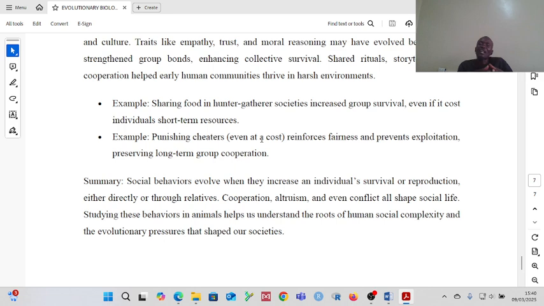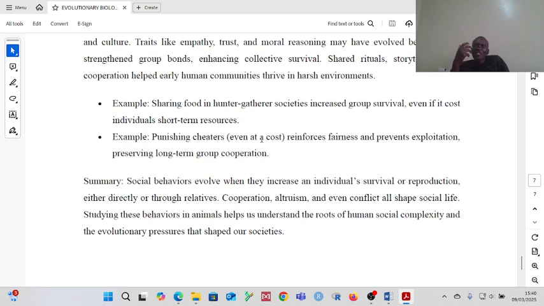When you fight and they don't fight back, then you get the food without fighting. But now they suffer the loss because they will not get the benefit that comes from that particular food. So looking at those three, they help us to determine all these aspects of social behavior.